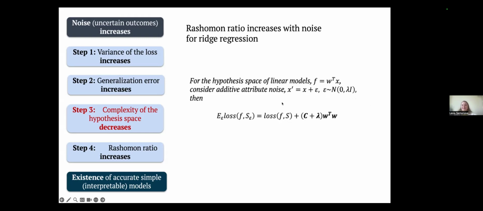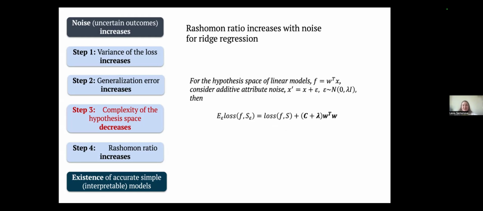My new dataset, X prime, will consist of all those examples that have my original data plus some noise. Then optimizing for my noisy dataset, here epsilon denotes the noisy dataset, is the same as optimizing my original loss over my original dataset, however with stronger regularization, meaning that this noise acts as an implicit regularizer for ridge regression.